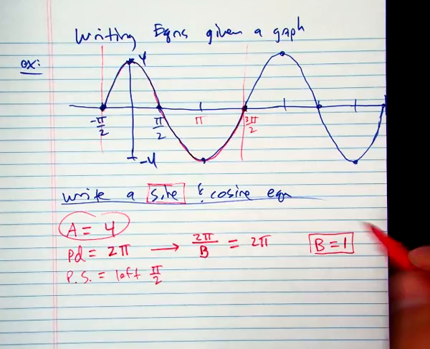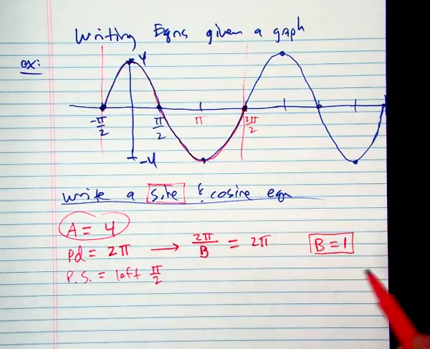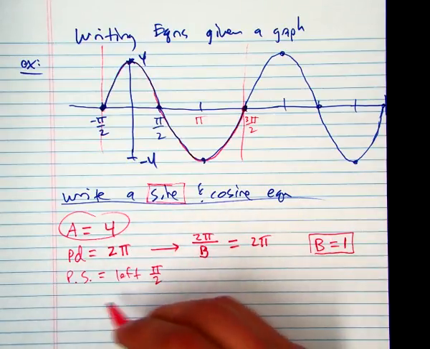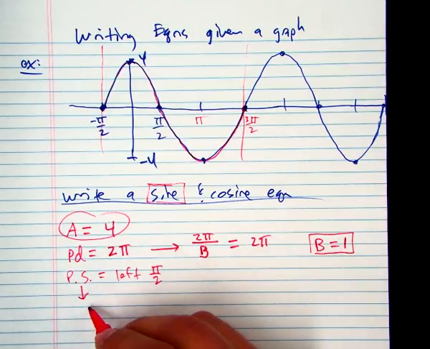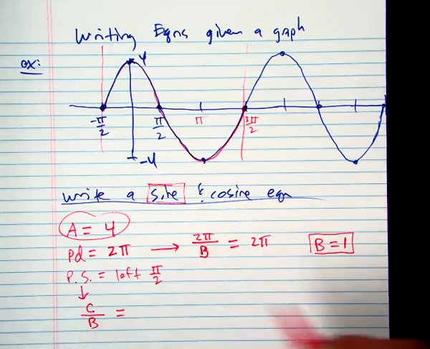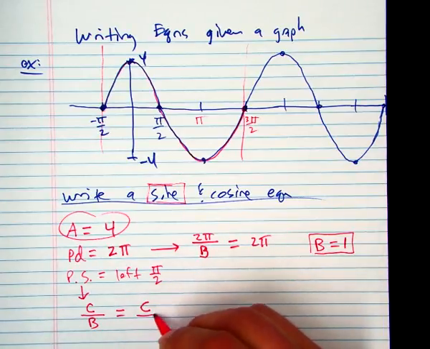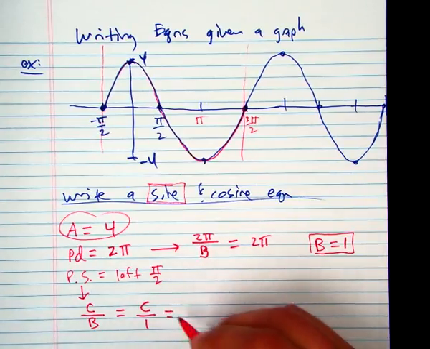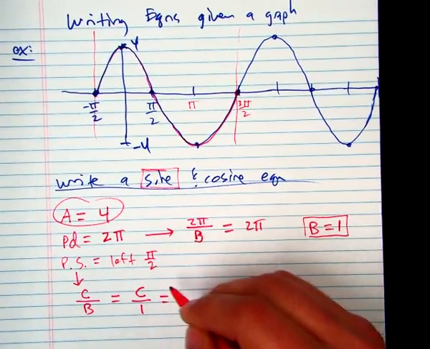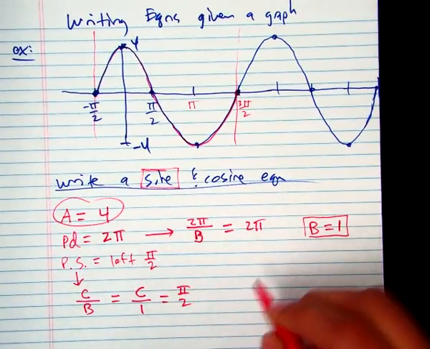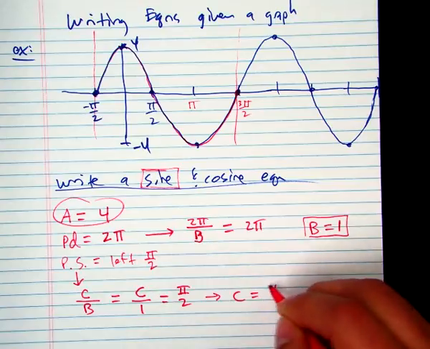So do you guys see how we're just piecing things together here? We got A, we got B. The phase shift, what's the formula for phase shift? C over B, but I have one of those already. B is 1. And what is my phase shift here? Pi over 2. So what is C? Pi over 2. And we're done.